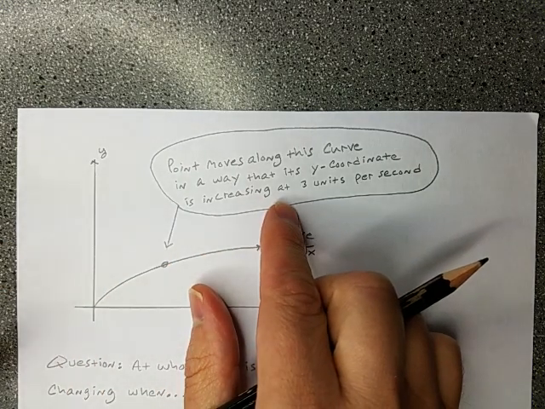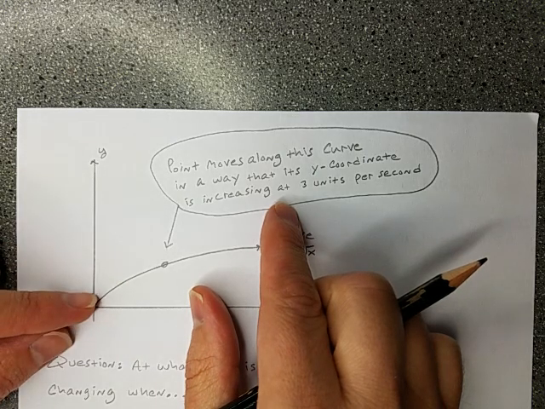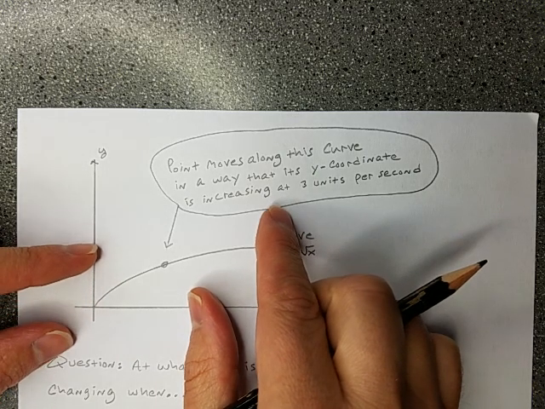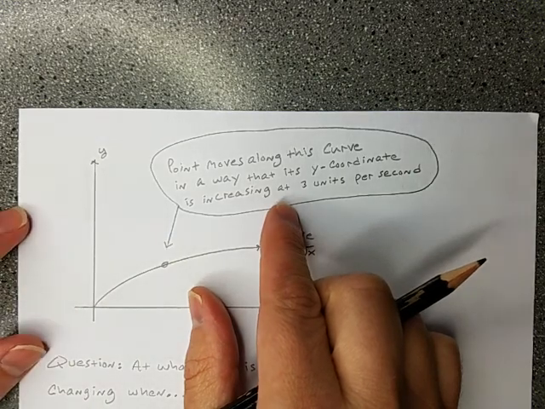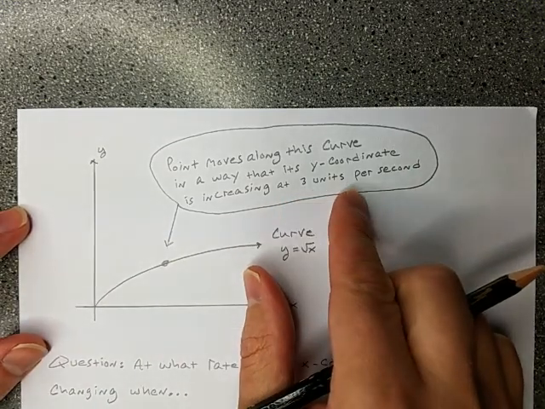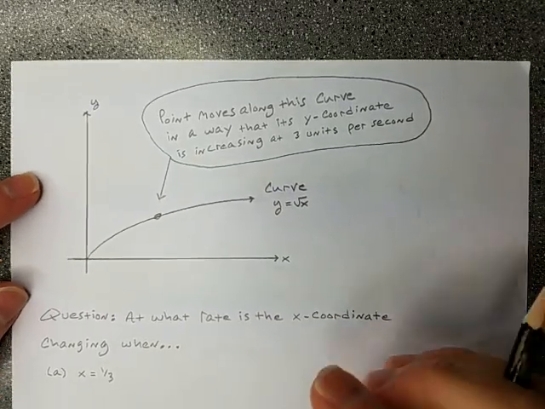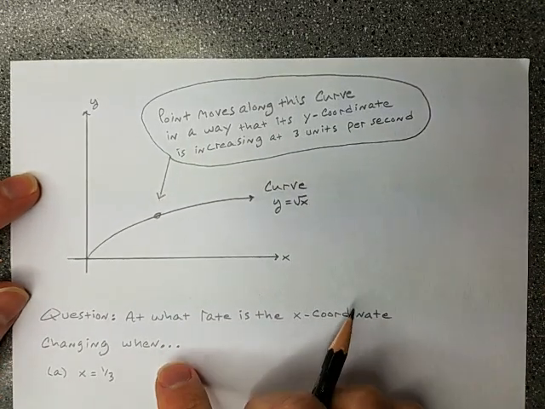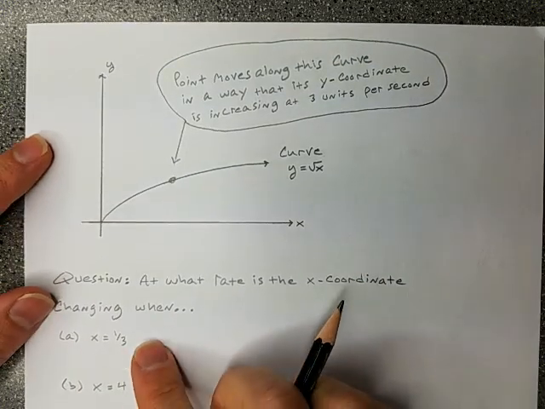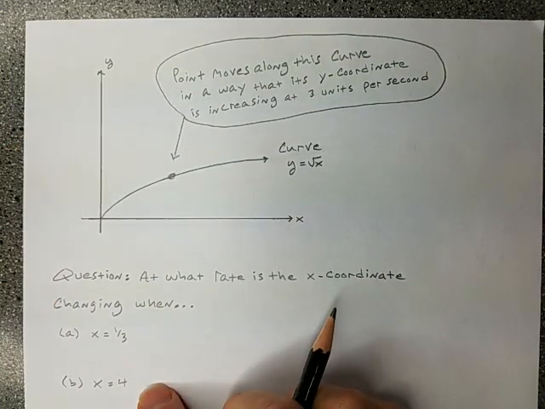That's how the y-coordinate's increasing. So you've got to think that for every second that goes by, the y-coordinate is getting 3 units bigger, okay? Anyway, the question is, at what rate is the x-coordinate changing when x is a third versus, say, when x is 4?